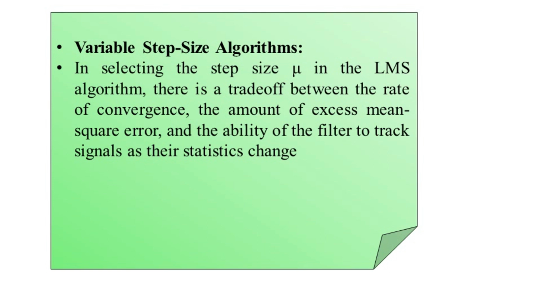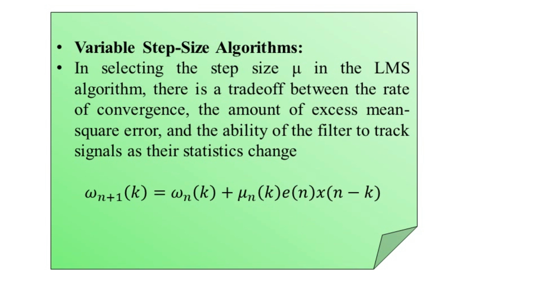In the beginning also I introduced you to this abbreviation here, and here it makes use of the coefficient update equation having the mathematical form W suffix n plus 1 of k is equal to W suffix n of k added by mu suffix n of k into the error signal E of n into x of n minus k here.